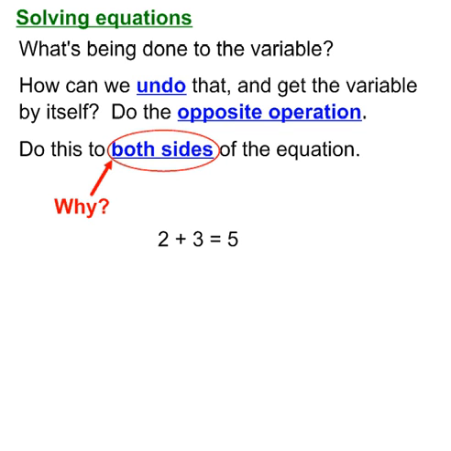However, if we were to subtract 3 from both sides, so if I do 2 plus 3 and then subtract 3, I'm back at 2, and then 5 minus 3 gives me 2, and now I have a different equation, but it's true. So that method of subtracting 3 from both sides of the equation worked.